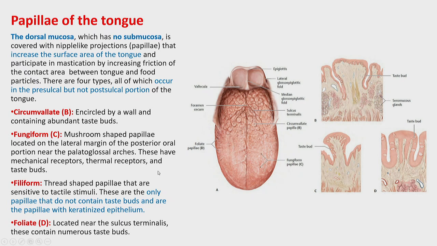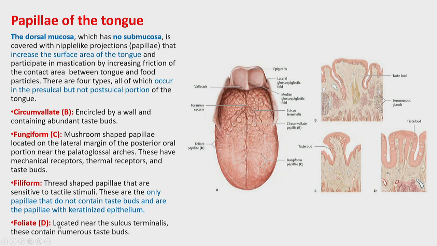The fungiform papillae are mainly located in the anterior and marginal aspect of the dorsum of the tongue, and they have mechanical receptors, thermal receptors, and also taste buds. Then we have the foliate. I just jumped over the filiform.